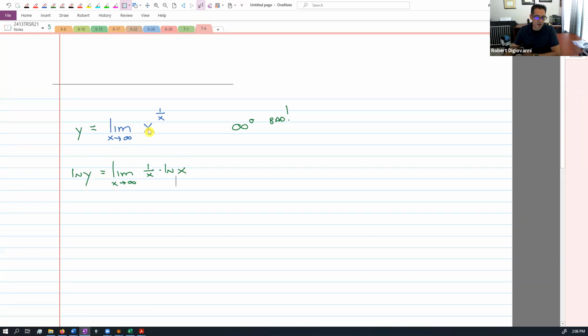I skipped a step there. I actually just popped the power out to save myself 1 line. Now I'm going to take that 1 over x and drop it to the bottom, leave the natural log on top. So it'll just be the natural log of x over x.